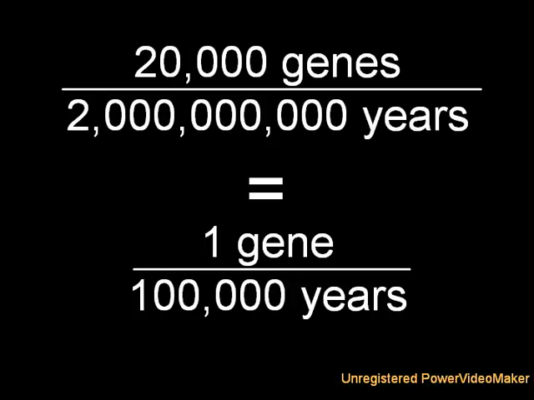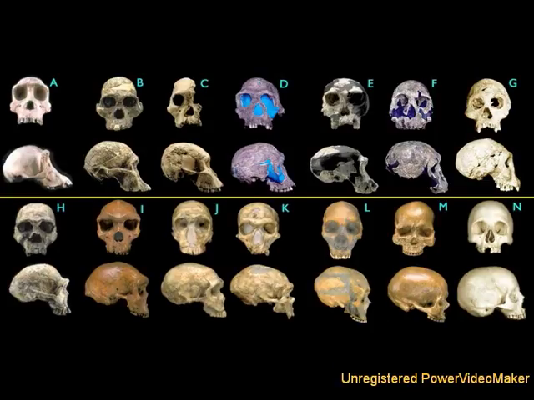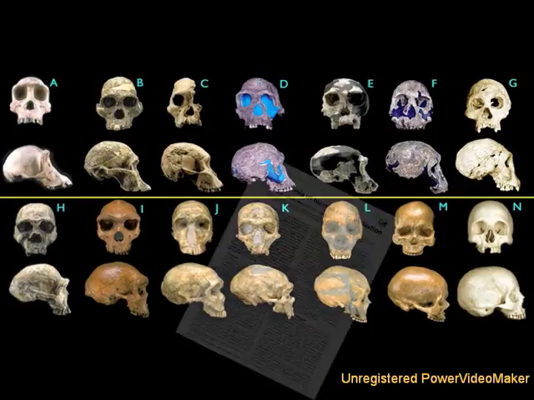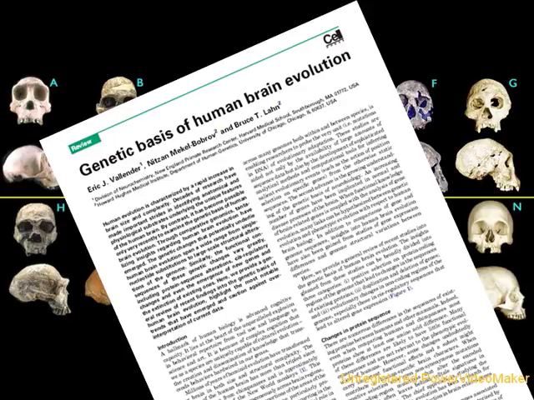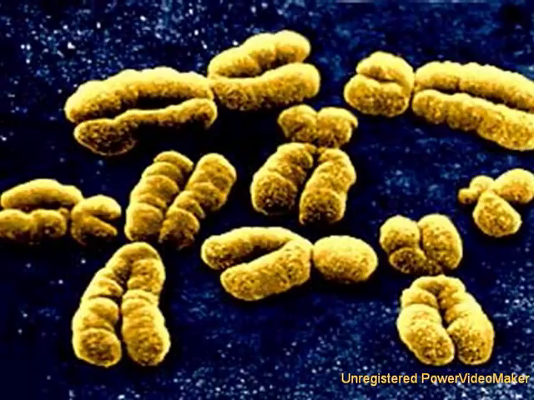Of course, if you do the math, that's only one new gene every 100,000 years. That would be only one new gene since modern humans first evolved. And we already know of many novel genes that have evolved since humans and chimps diverged roughly 6 million years ago. But where did these genes come from? What is the origin of genes?